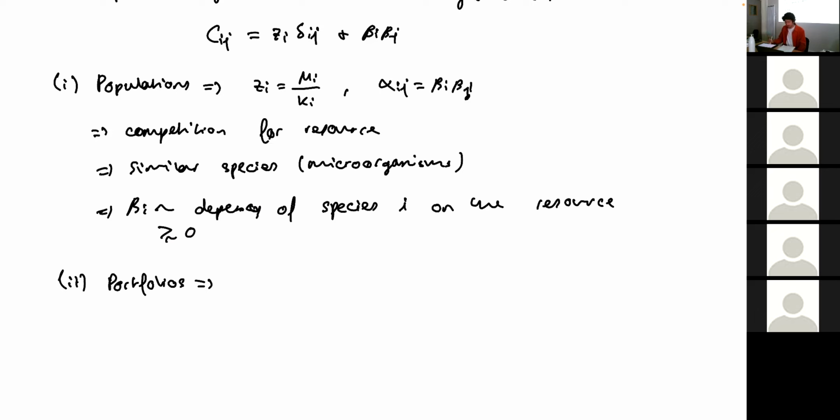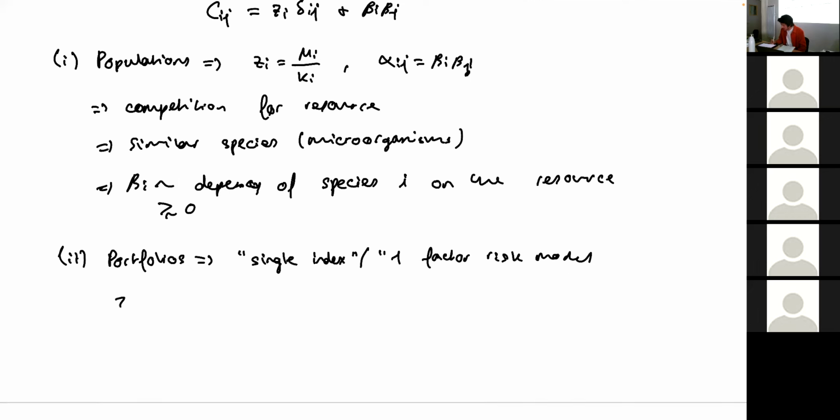this is actually a very famous model. It's called the single index or one factor risk model. And what we mean by this is that Zi then is going to be essentially the volatility. So it's called idiosyncratic volatility. So the volatility, sorry, associated to that stock, so specific to the stock.